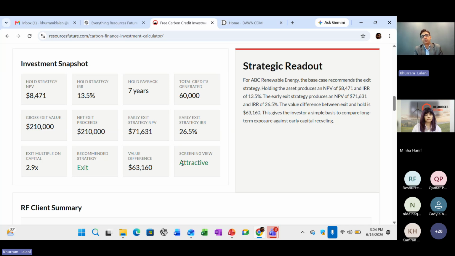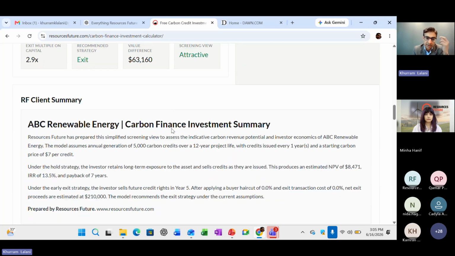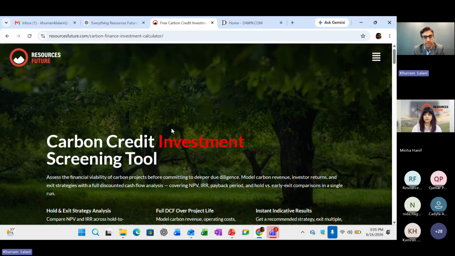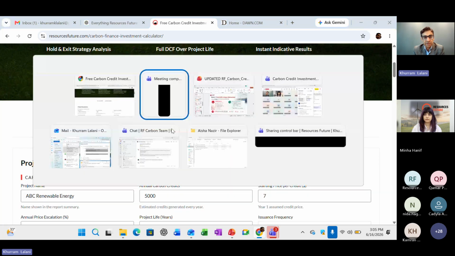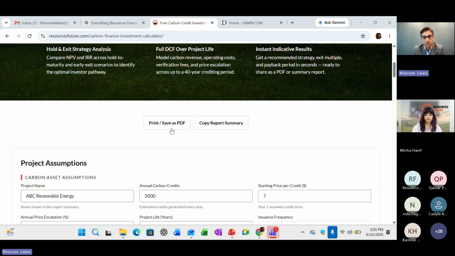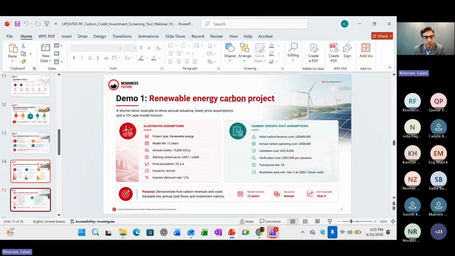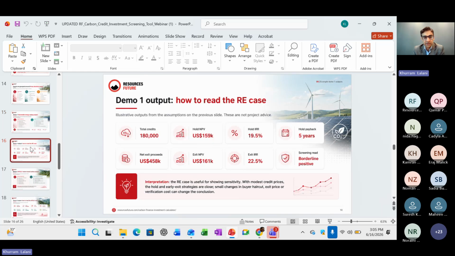So either I reduce my cost or I increase my revenue, and I can again see the two strategies play out, and that gives me a good value as to where we stand when it comes to this project. So, if this is all right, we can quickly move on to the next screen.